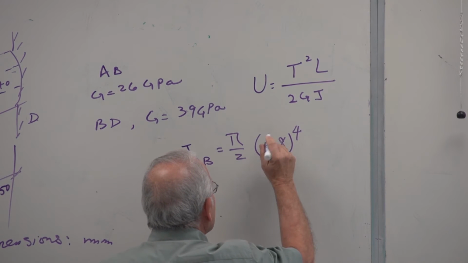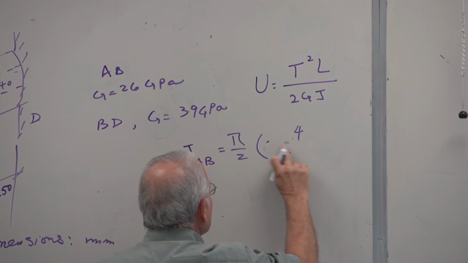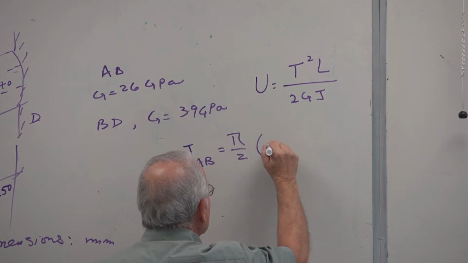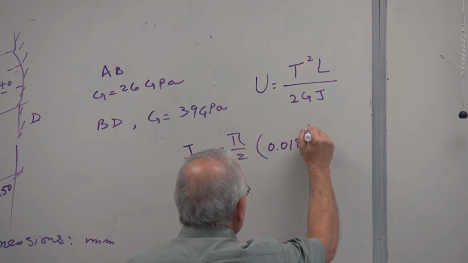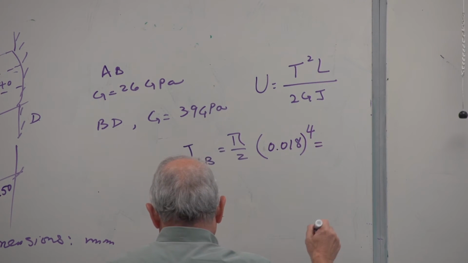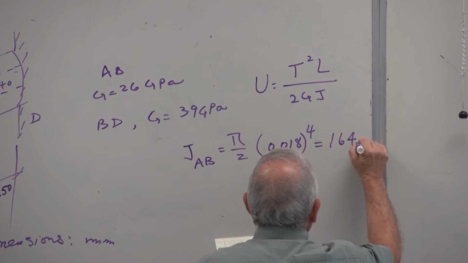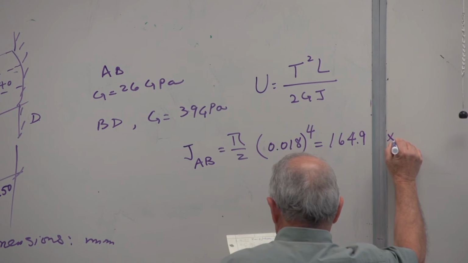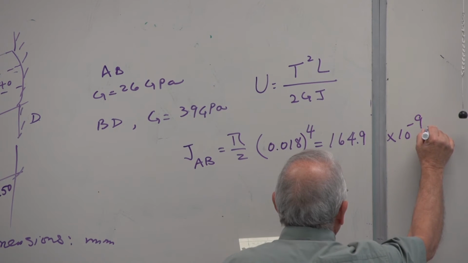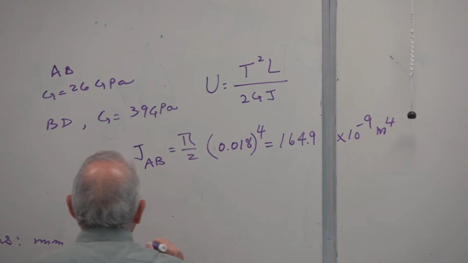I have done this, I'll show you something in millimeters in just a minute, but I've done this in meters. So let's put it in meters. This is 164.9 times 10 to the minus 9 meters to the fourth.